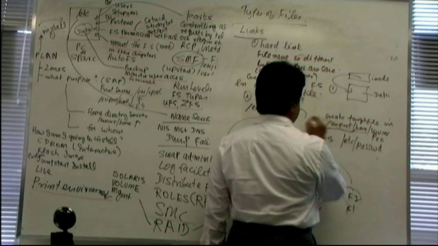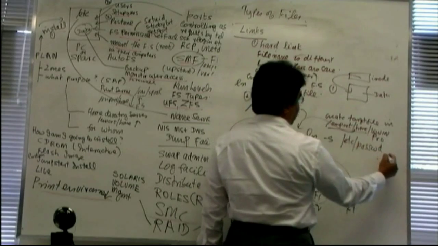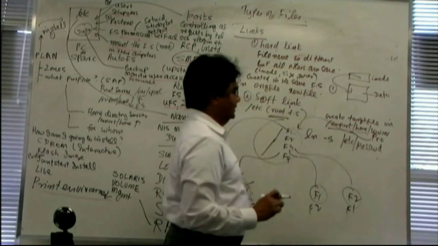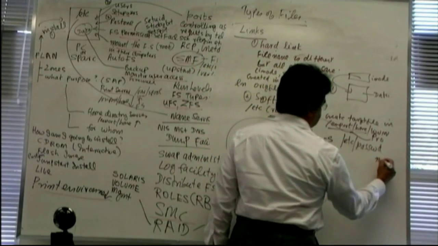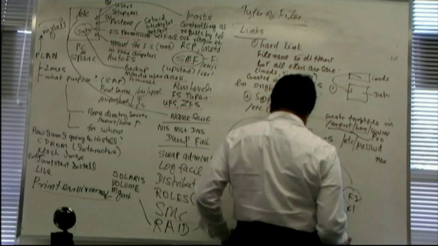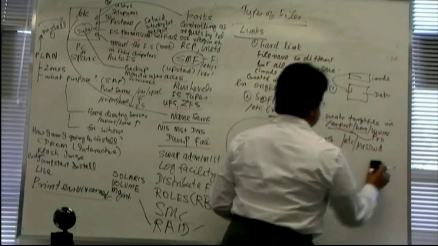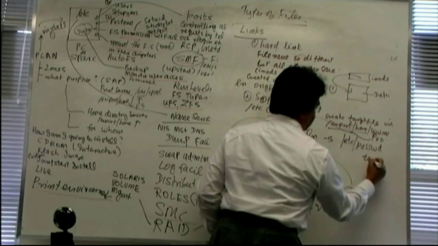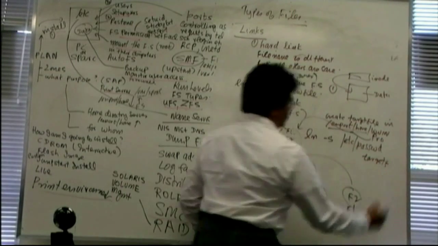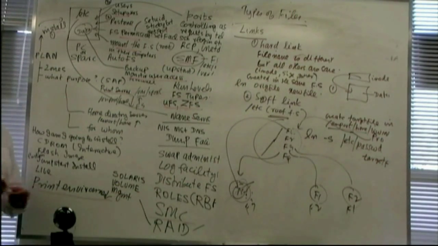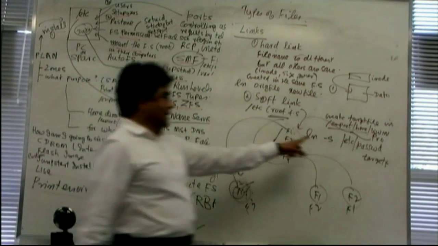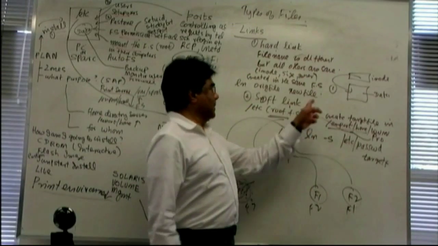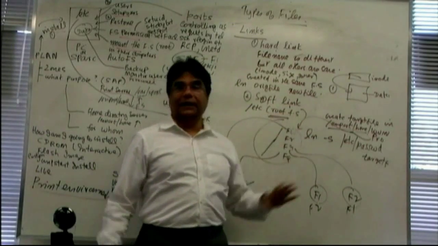I am in this directory, so just say new file or target file. ln minus s, that's it. That will create a symbolic link. If I don't say minus s, it will create a hard link.